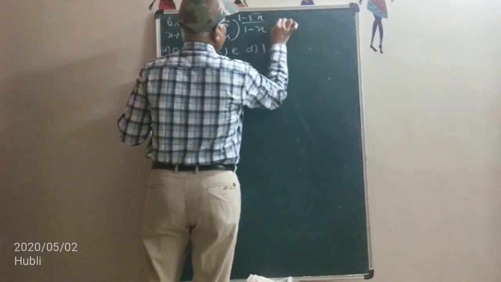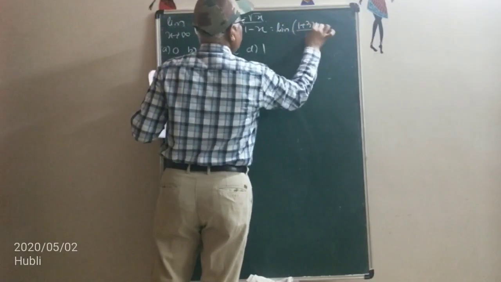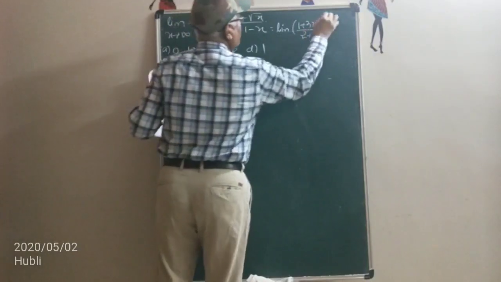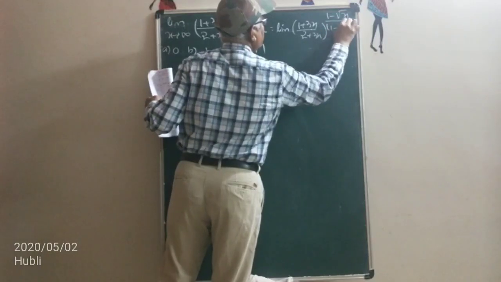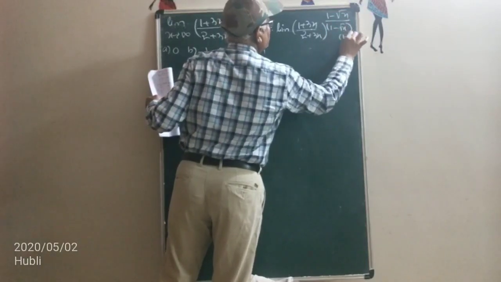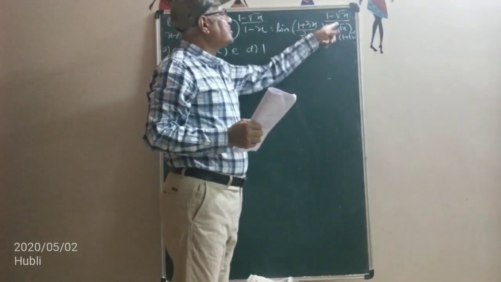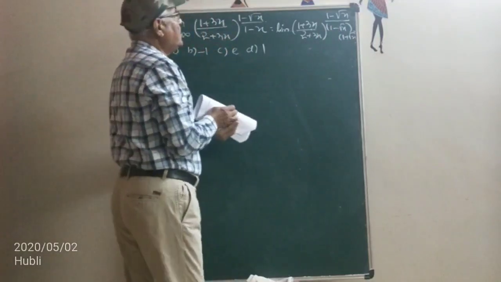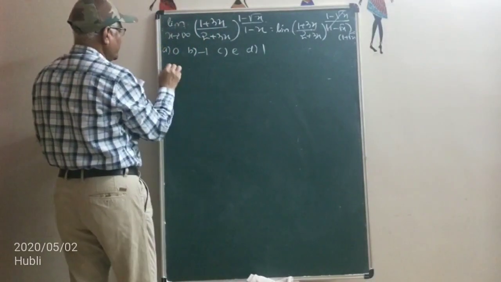That is limit of 1 plus 3x divided by 2 plus 3x raised to 1 minus root x divided by 1 minus root x into 1 plus root x. Is it clear this step, students? 1 minus root x into 1 plus root x is 1 minus root x square. What is 1 minus root x square? 1 minus x. So this 1 minus root x and 1 minus root x get cancelled.